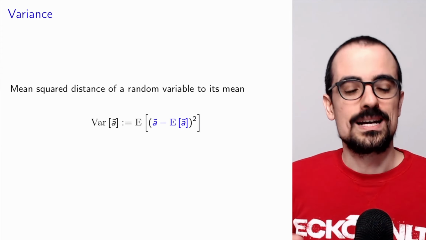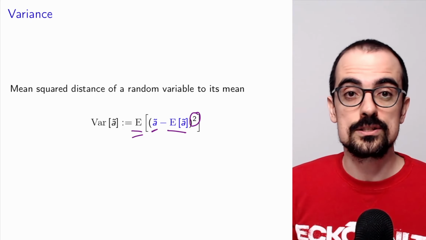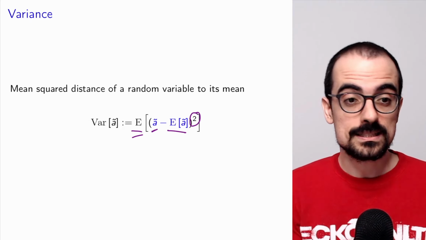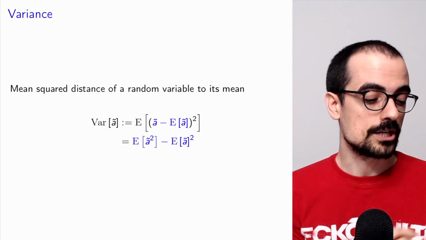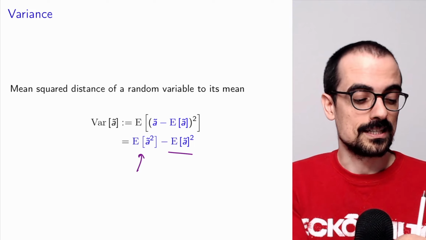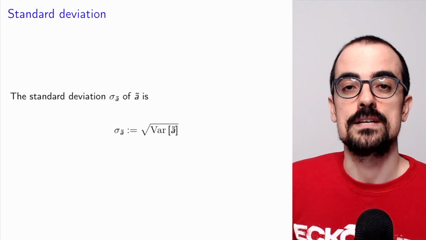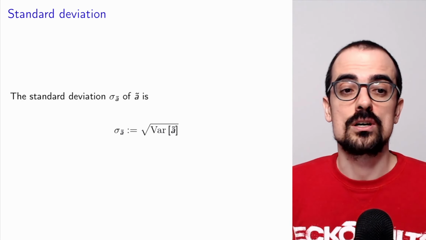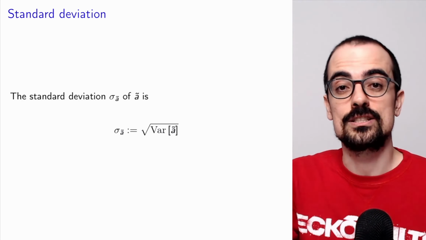And then let's take the mean. This is called the variance of a random variable, and it captures its fluctuations. If you apply linearity of expectation, you get a very nice expression in terms of the mean of the square of the random variable minus the square of the mean. And that's what we usually use when we're computing variances in practice. As I just mentioned, the square root of the variance is a reasonable measure of the average deviation of a quantity.